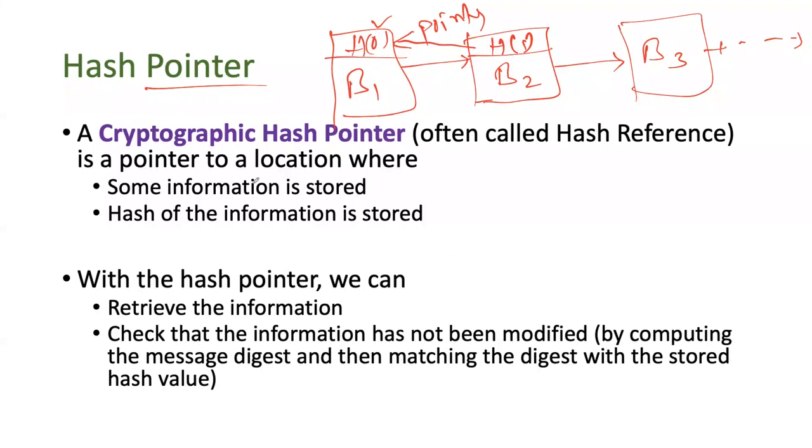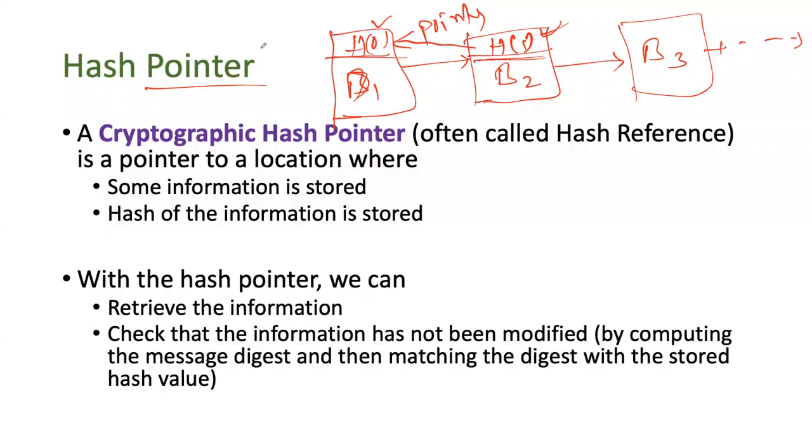It is a pointer to locate where some information is stored, in which block that information is stored, and the hash of that information is stored in the next one. This hash value plus the data block of information will be used to compute the next hash value.